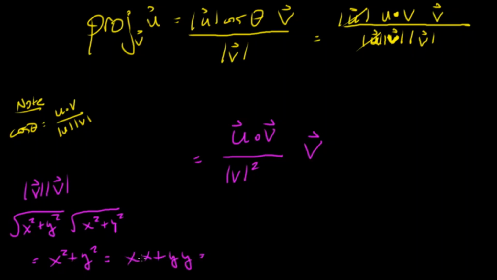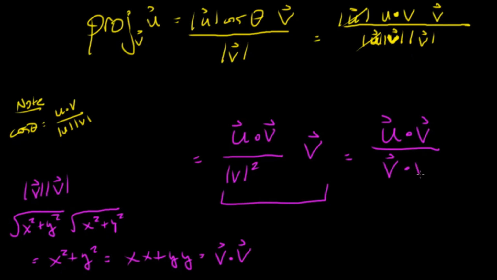This seems kind of silly, but that is v dot v. So my particular favorite way to write this formula, where you'll sometimes read it in textbooks, is u dot v over v dot v times the vector v.